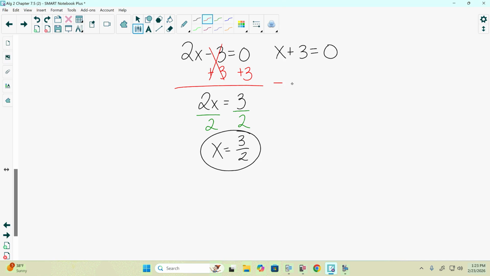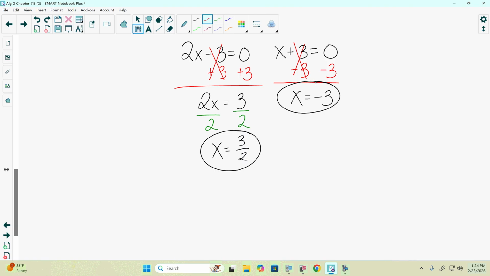Now we're going to solve our x plus 3. First thing we're going to do is subtract 3 from both sides, because that will simplify the left-hand side to just x. And our 0 minus 3 is negative 3. Now, because we did our restrictions first, the restrictions told us that x cannot be positive 3 or negative 3.